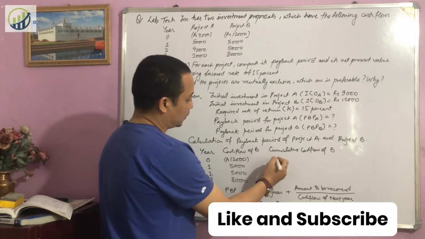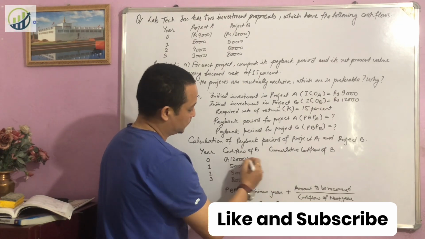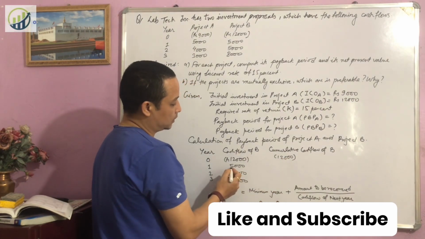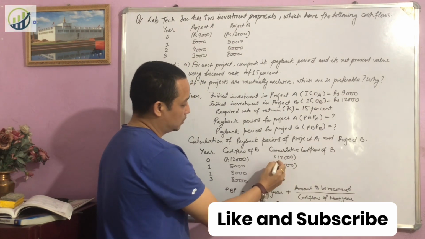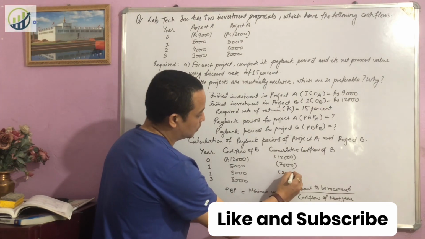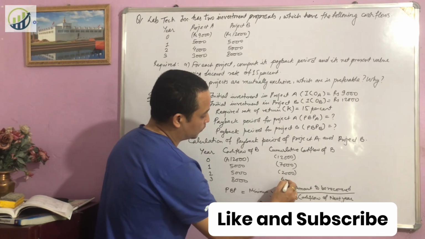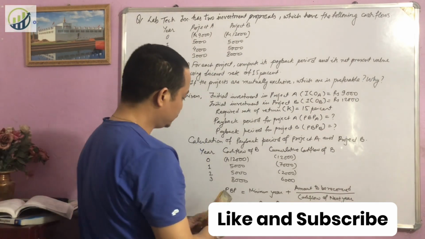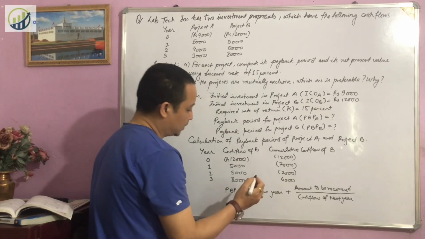Now you again have to find the cumulative cash flow for project B. Here minus 12,000, here 5,000. When you add this, you will get minus 7,000. When you add minus 7,000 with 5,000, again it's minus plus, so you get minus 2,000. And when you add minus 2,000 and plus 8,000, it is now positive, 6,000. So now the payback period of project B.